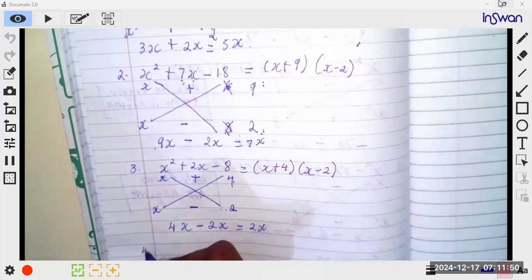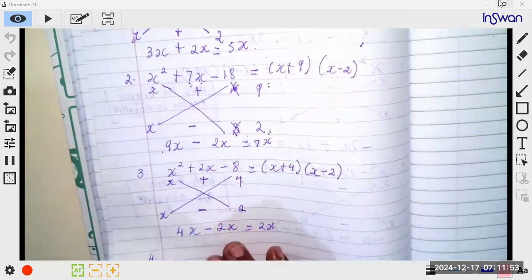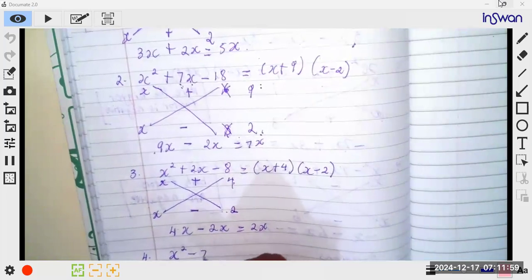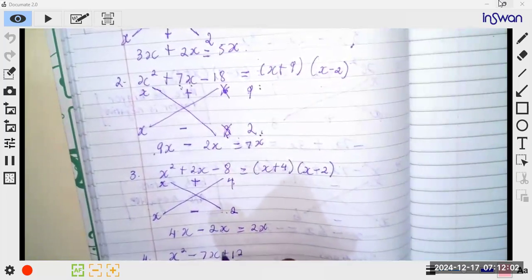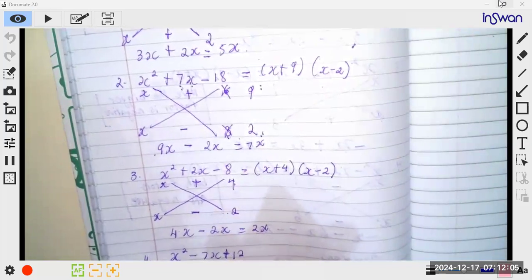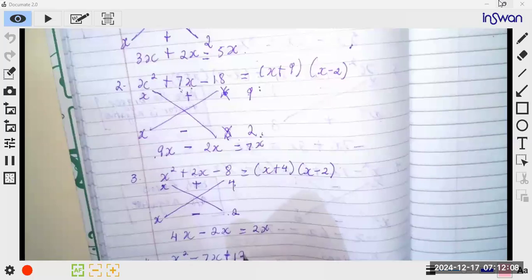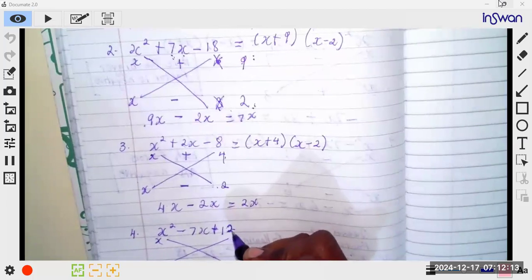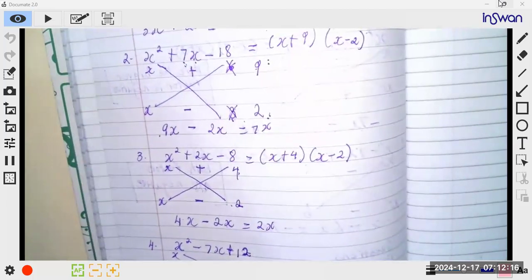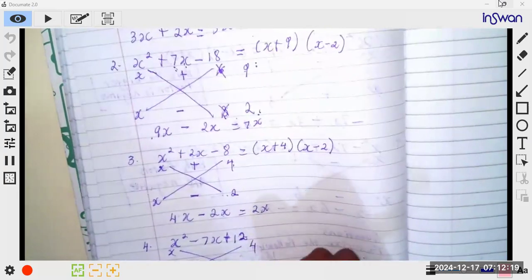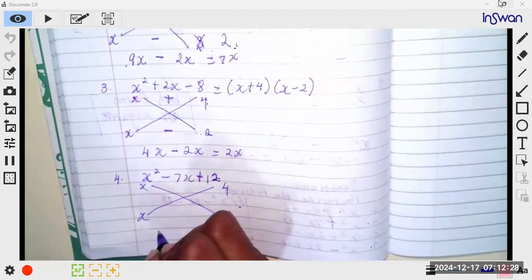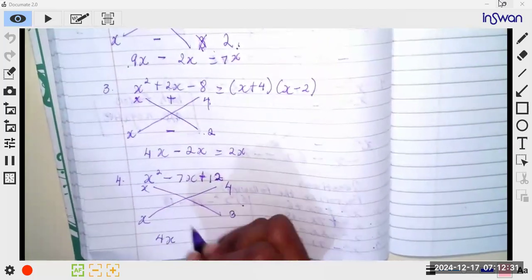Number 4. X squared minus 7x plus 12. Same thing, x by x. What two numbers when you multiply will give you 12? 4 by 3. So 4 times x will be 4x, 3 times x is 3x.